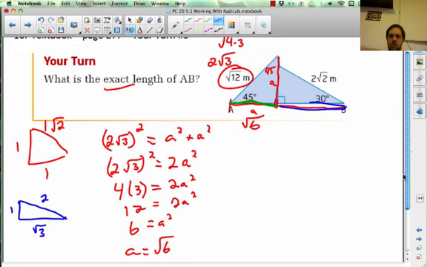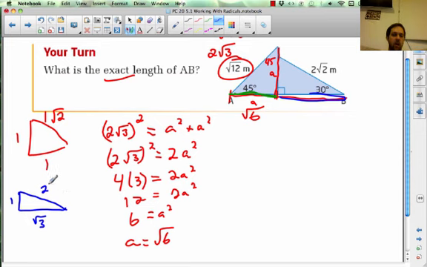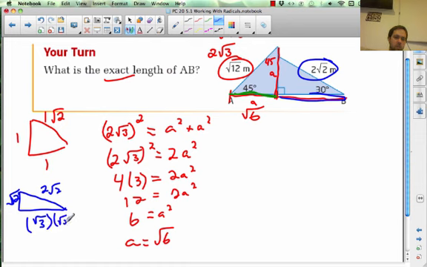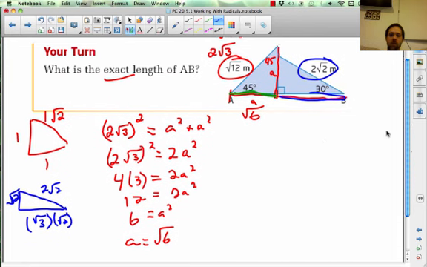In this case, we have taken our hypotenuse and multiplied it by root 2 to get this, meaning we can multiply every side by root 2 because they will all scale up to the exact same proportion, and that will give us the length of each one of the sides of that triangle.